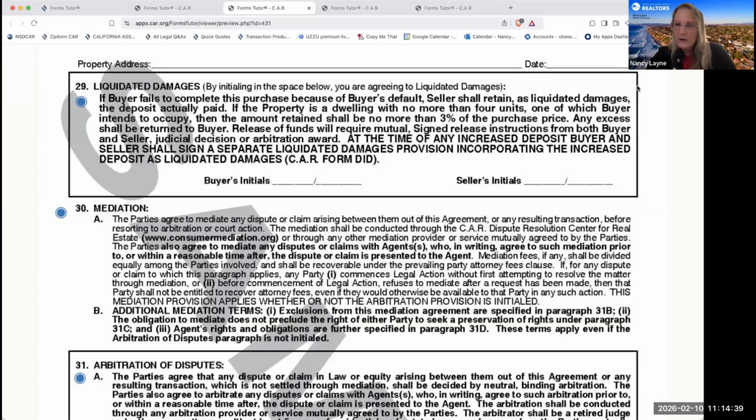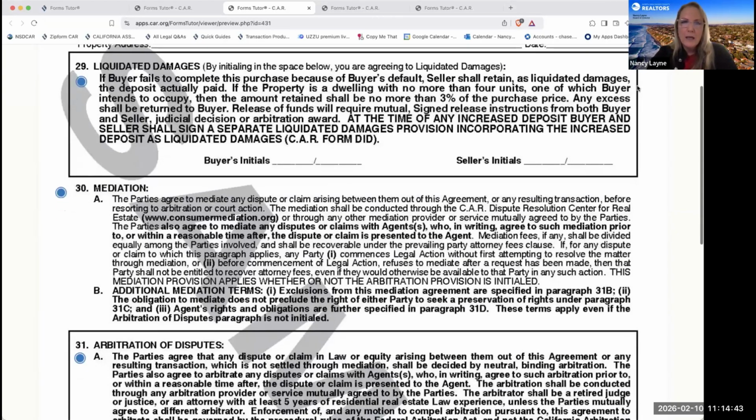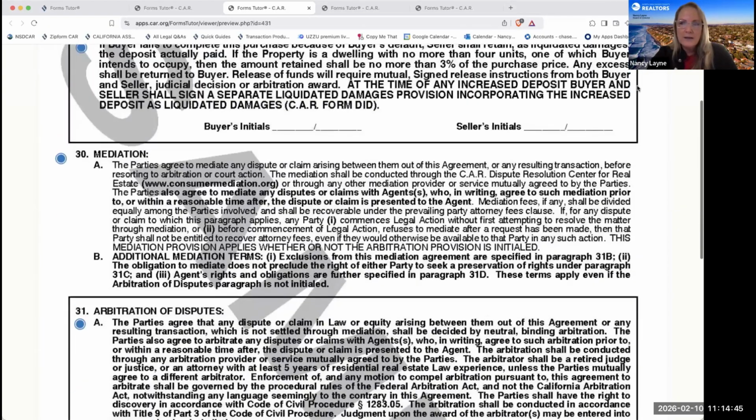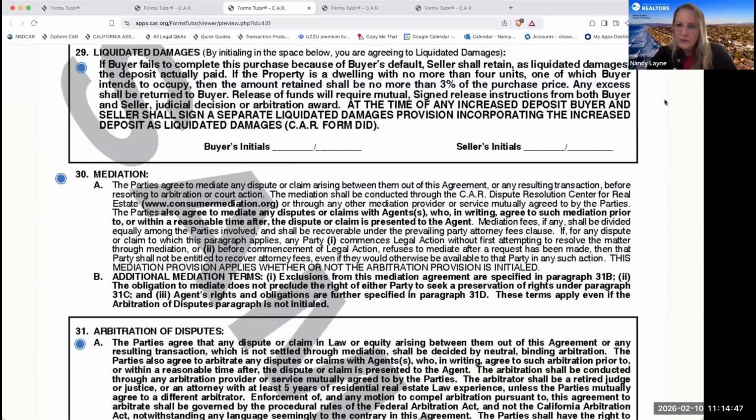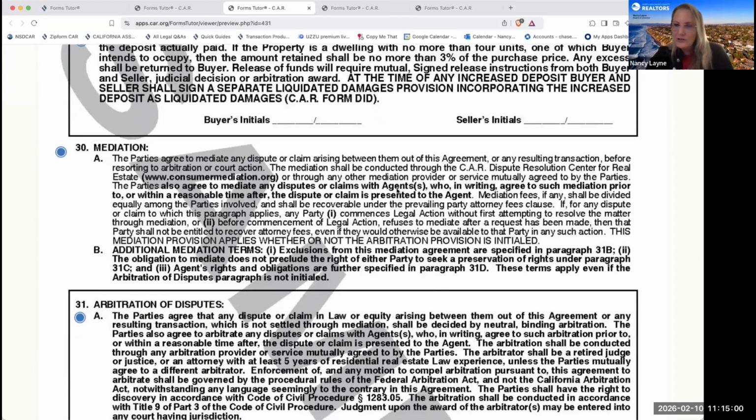That's not something that'll be auto-filled by the signing program. And that limits the exposure of the parties to 3% of the purchase price or the actual deposit, whichever is less. Unless they haven't signed the liquidated damages clause, in which case you just duke it out.